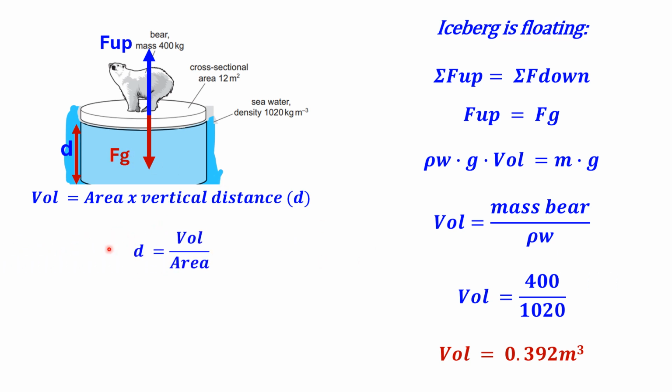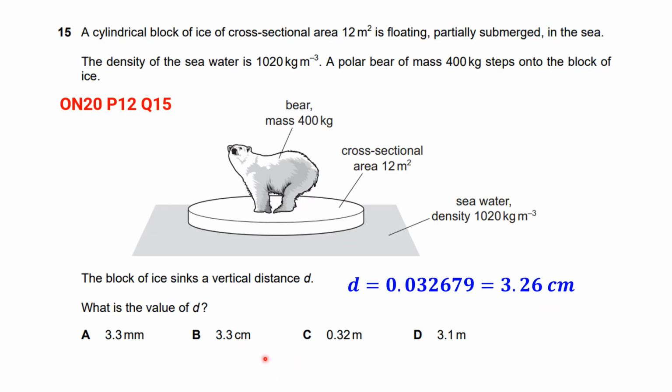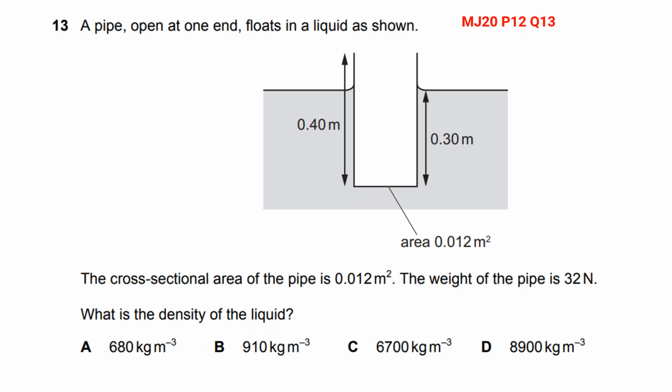So the vertical distance d, this part right here, is the volume divided by the cross-sectional area. The volume is 0.392. The cross-sectional area is 12 square meters. So d is 3.26 centimeters. So the closest answer for this solution is B, 3.3 centimeters.